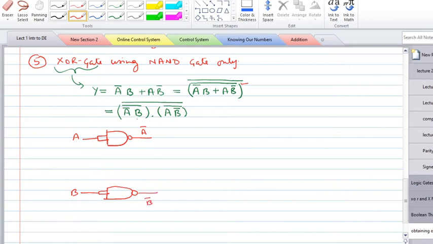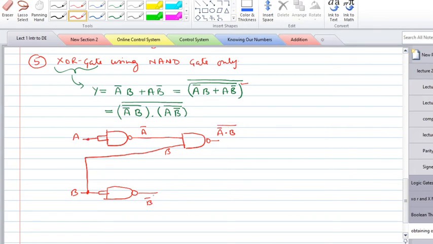First implement A bar multiplied by B, that is A bar B. Okay, so take another gate and here we have to insert B, so that the first term results, that is A B bar.